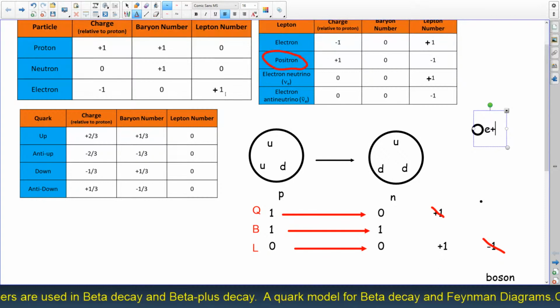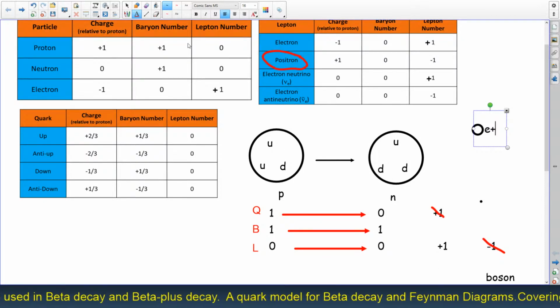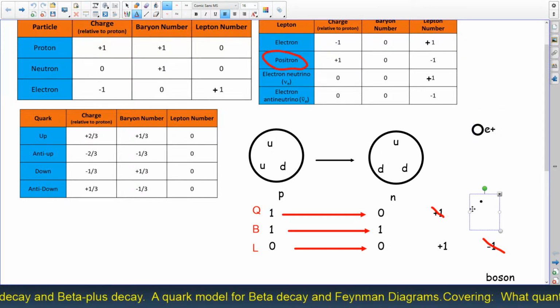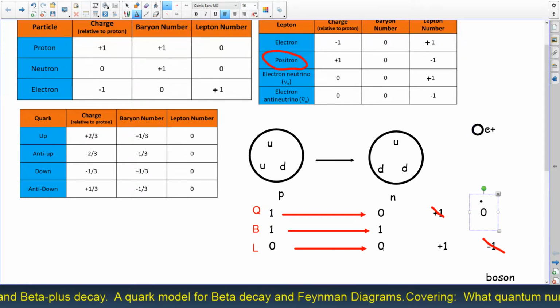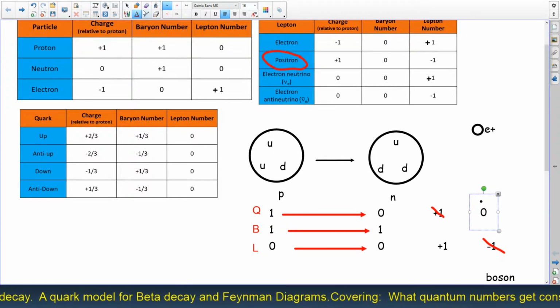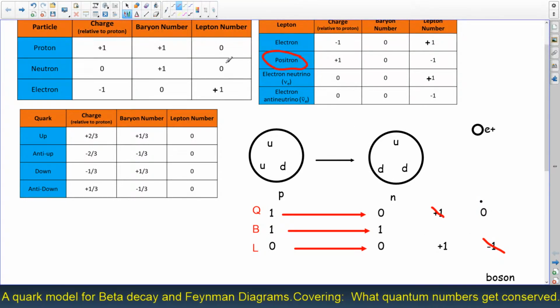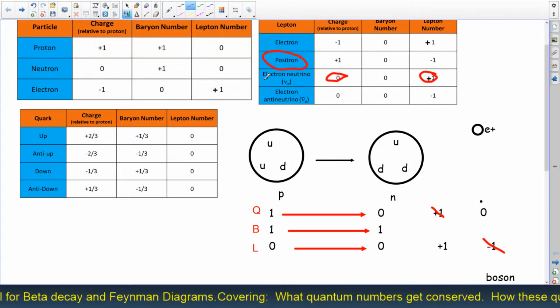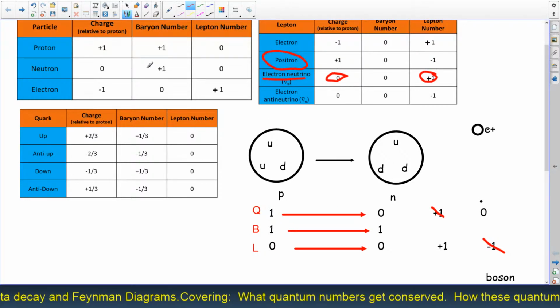That then leaves me with my last particle having to have a charge of 0, because I've sorted this line out, and a lepton number of +1. Therefore, what that has to be, with a charge of 0 and a lepton number of +1, is my electron neutrino.